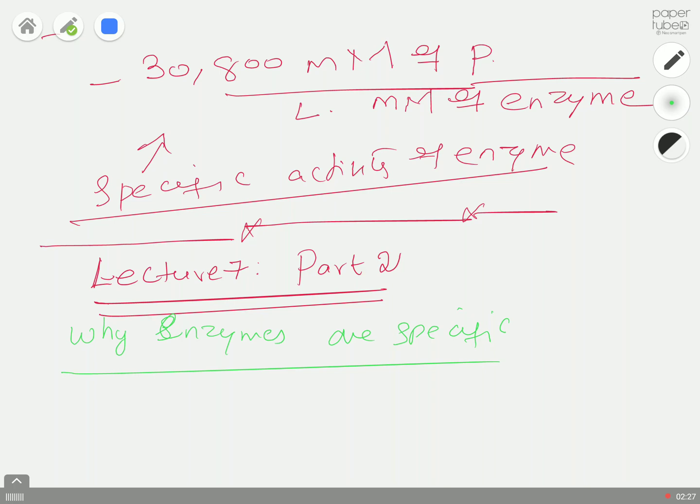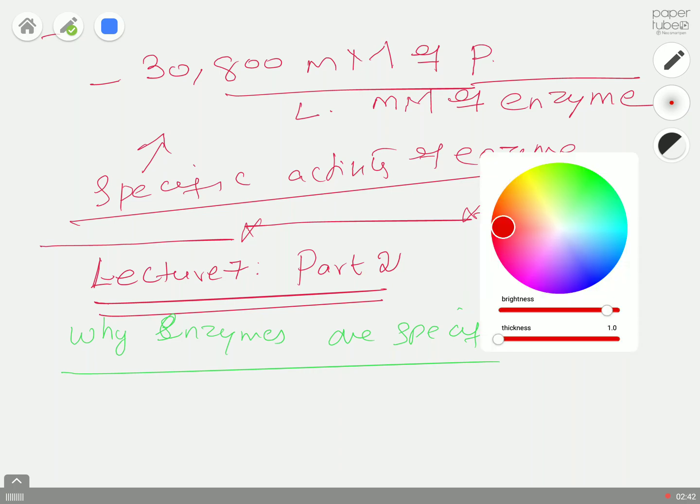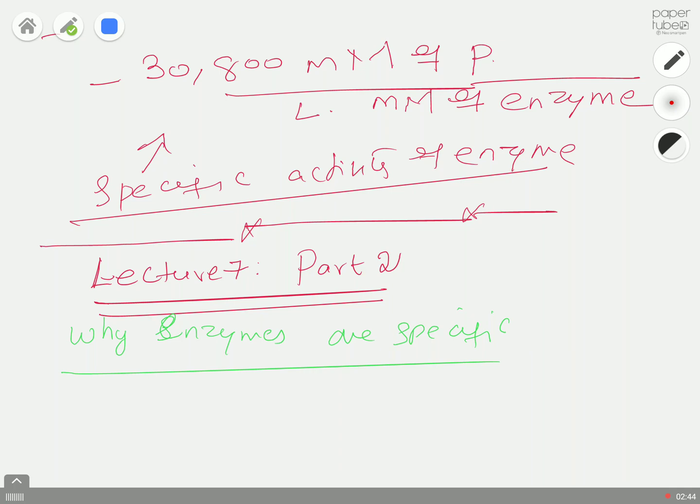Either it can recognize only one form of your enantiomer, or it can recognize only molecules that possess specific functional groups. That's what we are going to study in this lecture. I already said enzymes are molecules. They definitely have some molecular structure, which means atoms are arranged in a pattern to give its unique molecular structure.